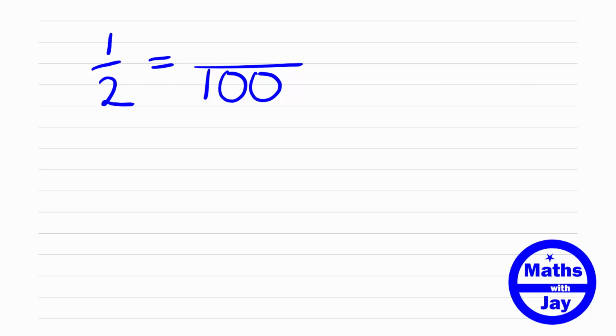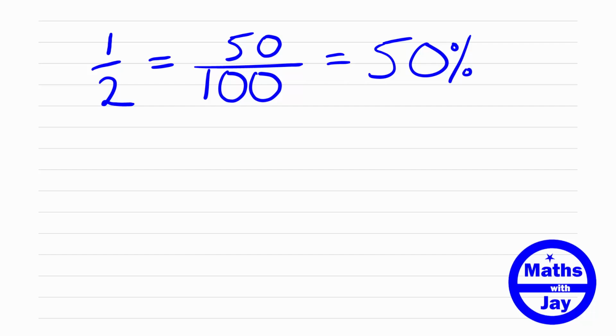Dividing 2 into 100, we get 50, so we multiply the 1 by 50 to get 50 out of 100. So 1/2 is the same as 50 hundredths, and that means 50%, 50 per 100. So 1/2 can be written as 50%.